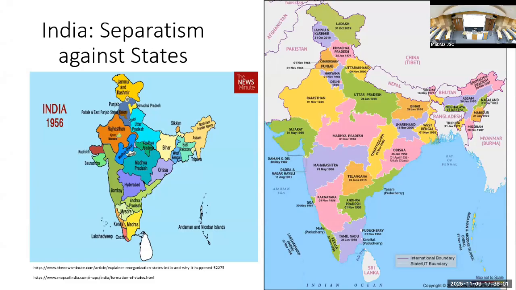This is because in India, the current trend is to create language-based states. In other words, the divisions are linguistically organized. Can anyone tell me why?